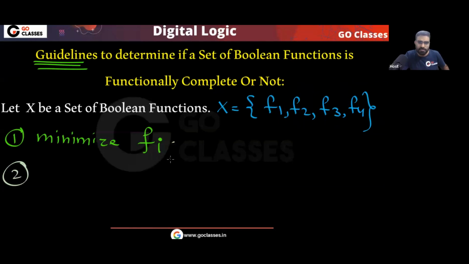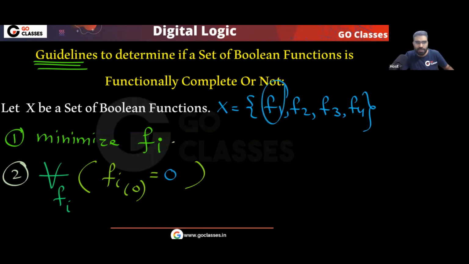Then for the second guideline, if you replace all the variables by 0 for all fi, and you get 0, that is, if you replace every variable in f1 with 0, you get 0, in f2 also you get 0, in f3 also, in f4 also.